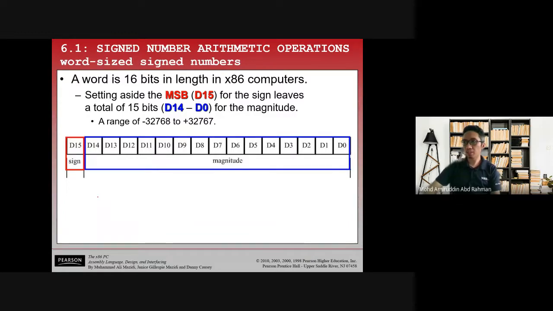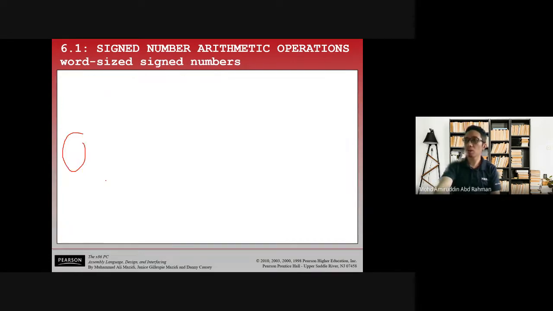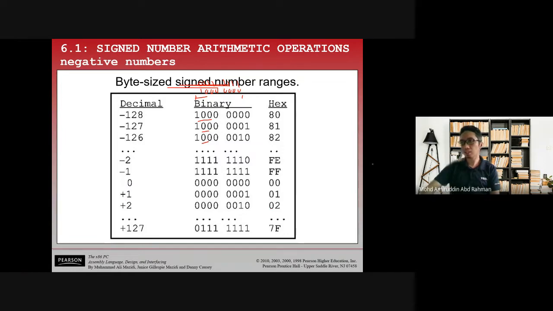A word is 16 bits in length in x86 computers. Setting aside the most significant bit, D15, for the sign leaves a total of 15 bits for the magnitude. Similar to what you have here, in the binary representation of a negative number, the most significant bit will be 1.